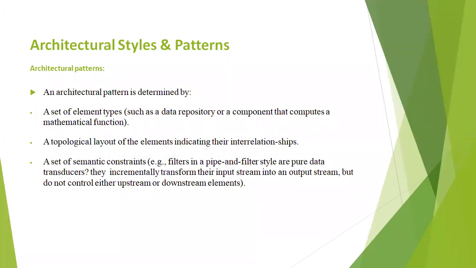Coming to the second point, an architectural pattern is a topological layout of the elements indicating their interrelationships. Why are we using topologies here? If you want to connect one system to another system in a network, then we use topologies. In computer networks generally there are different kinds of topologies to connect one system with another, such as bus topology, ring topology, mesh topology.